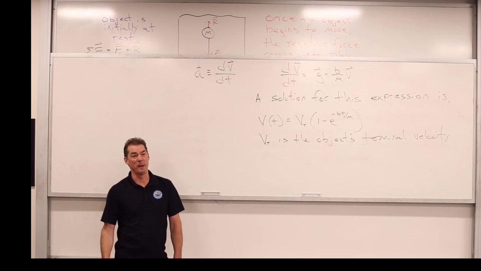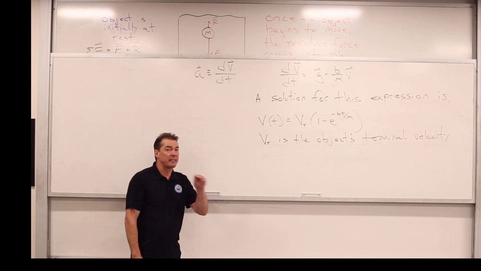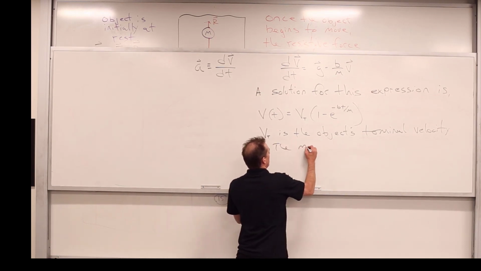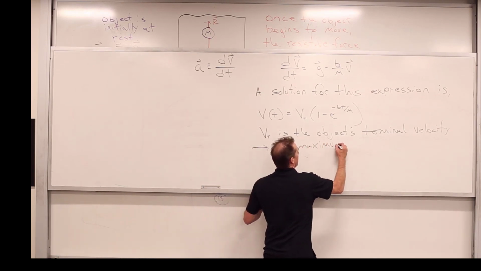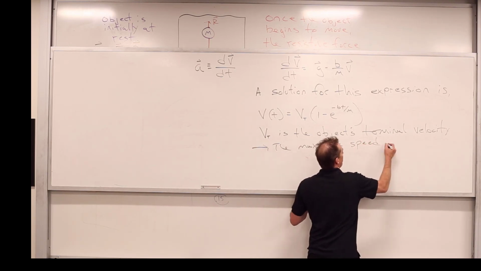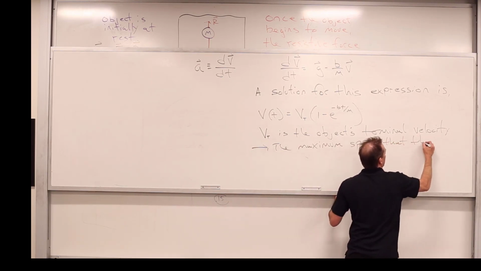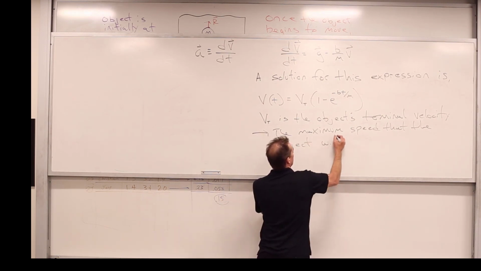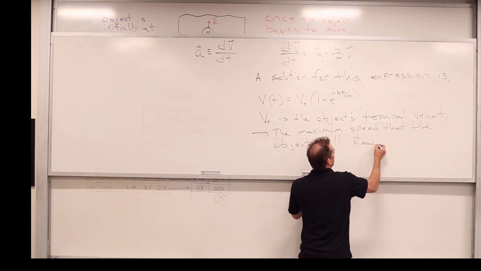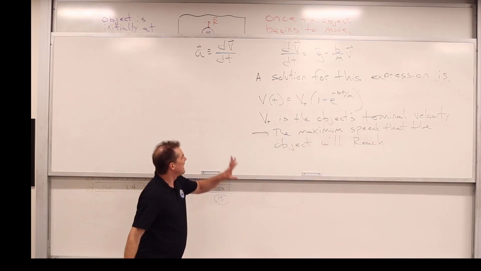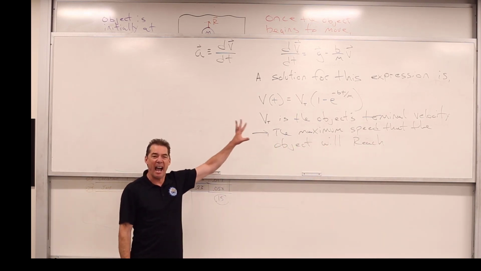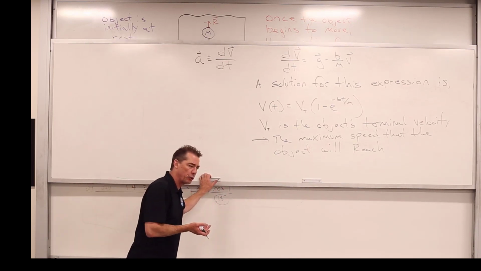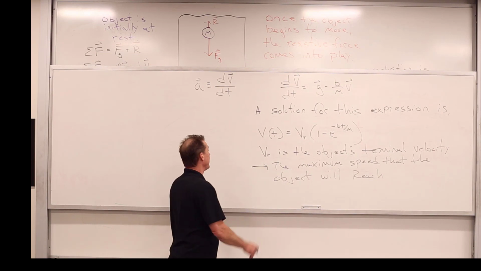It is ultimately the maximum speed that this object will reach. See if we can figure out what that v sub t actually is. Is it just some number, or does it have something to do with other things that are at play here?